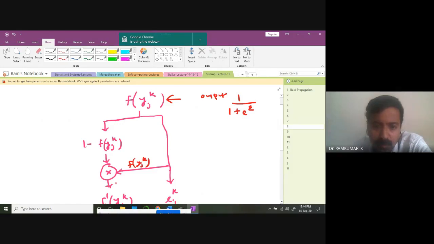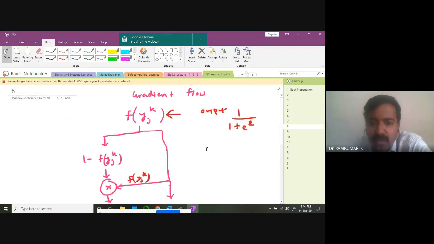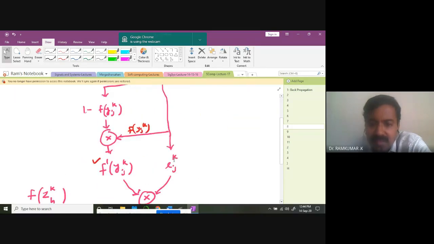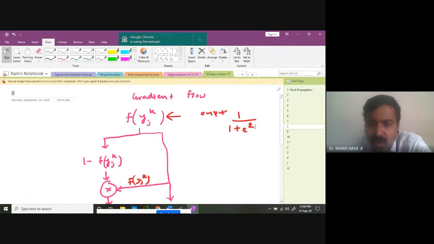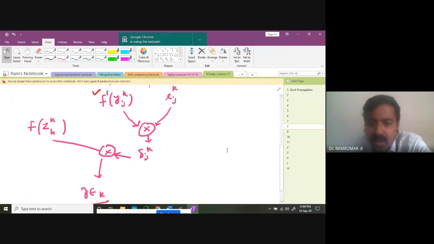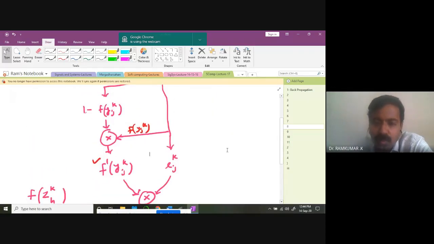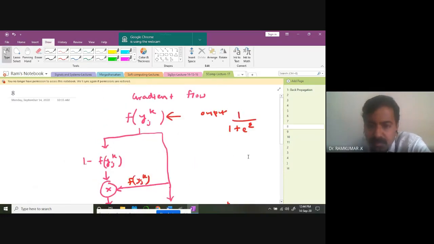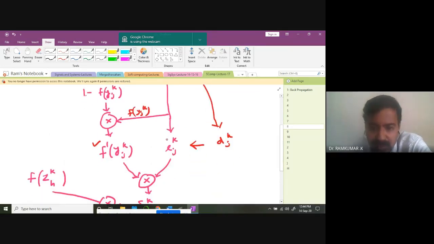If I multiply these two, I get the first gradient f dash yjk, and you can directly take this ejk by comparing this output yjk with the desired output. I can compute immediately the error.